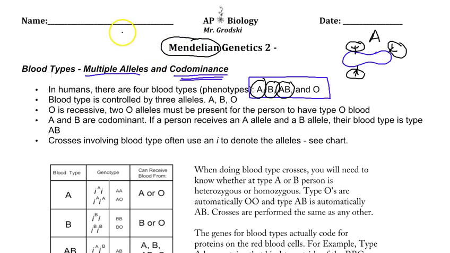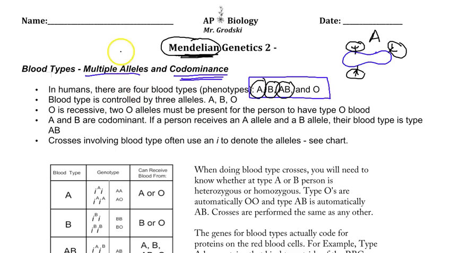These alleles are either far apart on the same chromosome or on different chromosomes, so the law of independent assortment is followed, because these are not linked genes, as we'll talk more about later in the year.